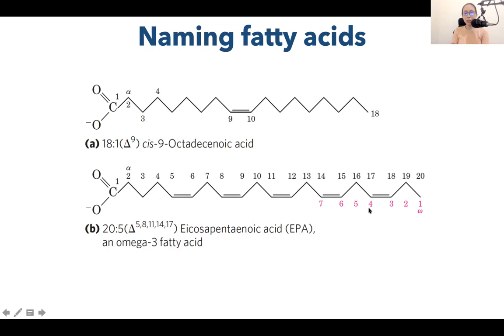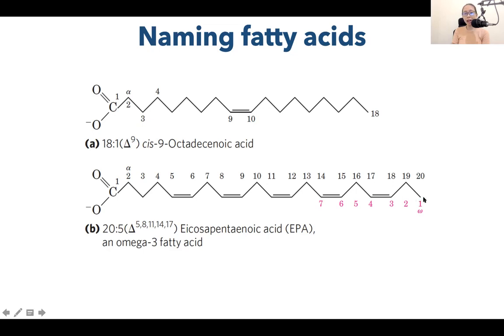Now, another method that they use to label and classify your fatty acids is this omega system. So, yung omega, ina-assign na omega yung pinakahuling carbon. Yung pinakamalayong carbon from the carboxyl functional group. So, this is your omega.